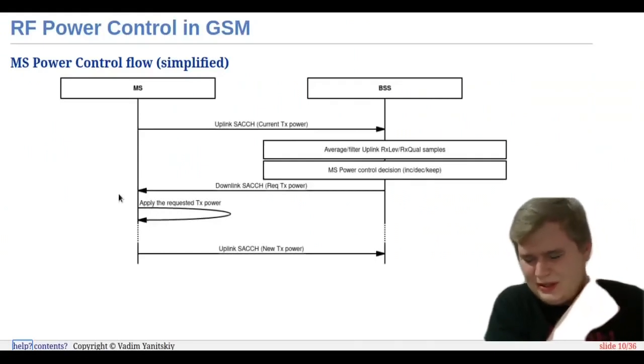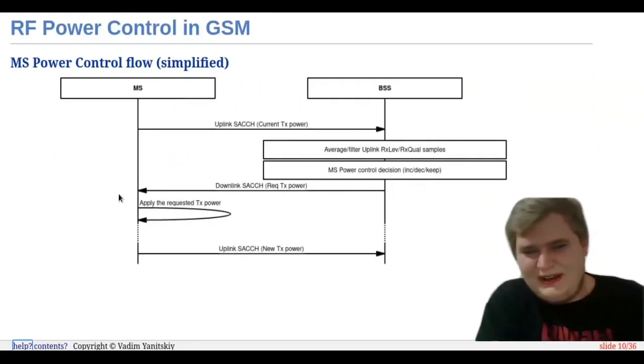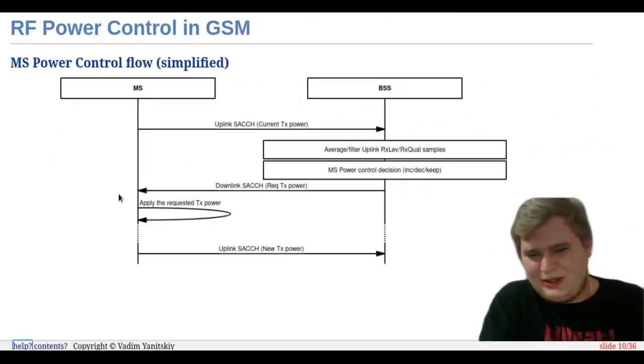And based on that, the BTS or BSC, that's called BSS in this case, either of those, takes the power control decision, based on averaged and filtered uplink RX level or RX quality samples.